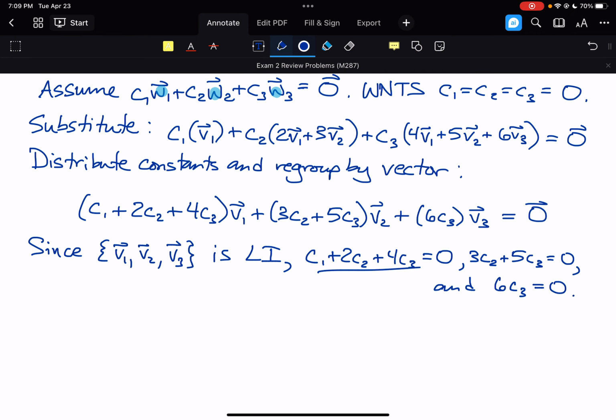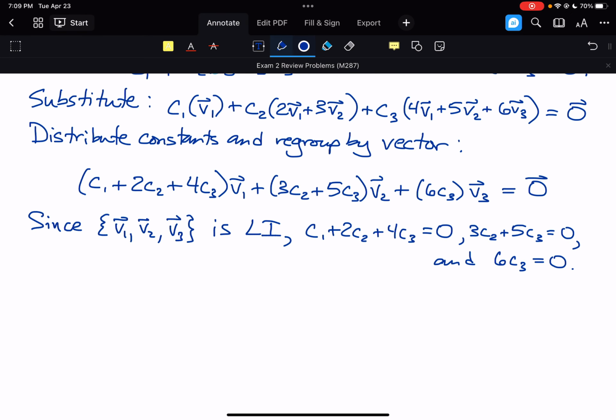But this gives us a system of equations, right? So this sum equals 0, this sum equals 0, and this equals 0. You can set this up in a matrix if you want to, but you can also see that the solution is fairly clear here. This equation tells us that c3 has to be 0. If c3 is 0, that means c2 has to be 0. And if both of those are 0, that means that c1 has to be 0.